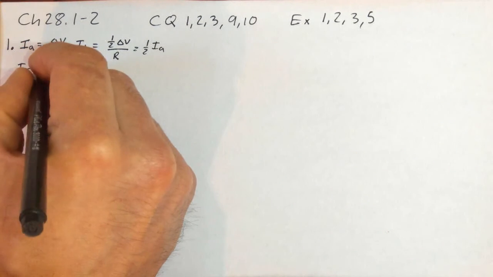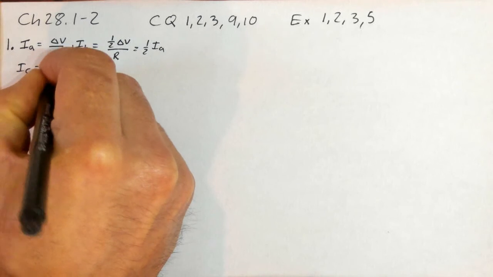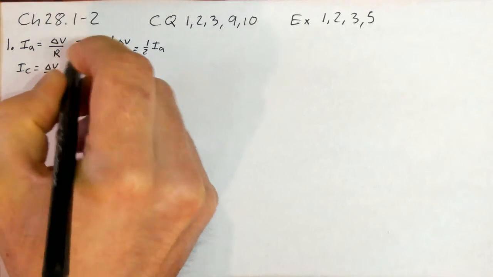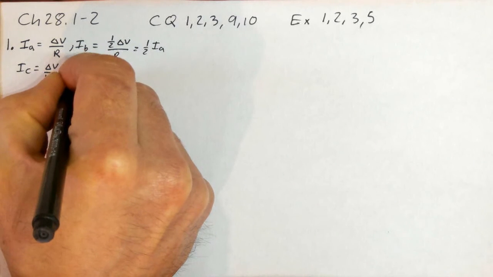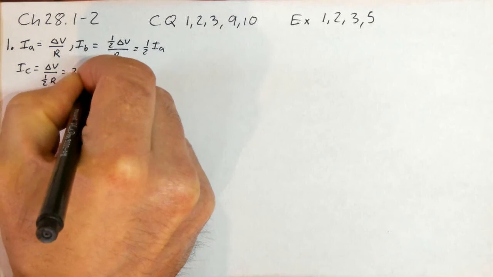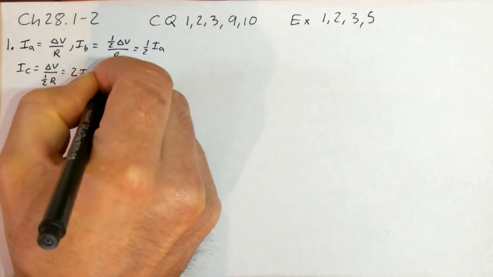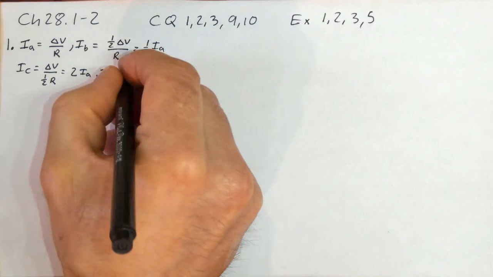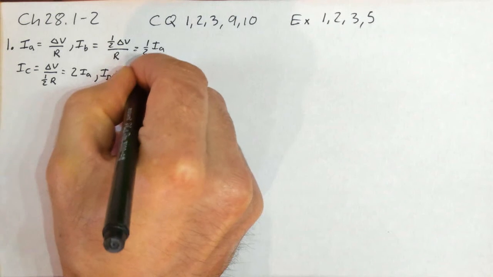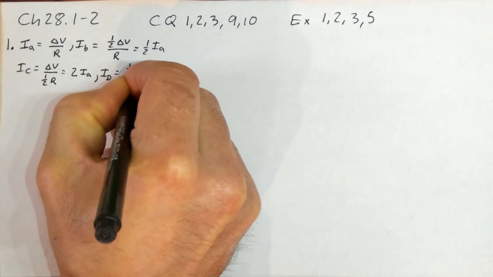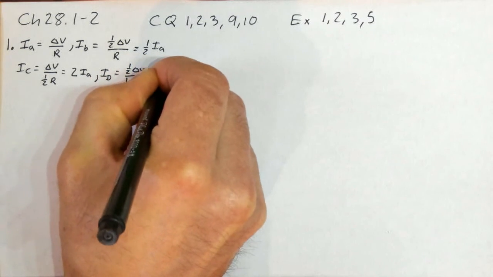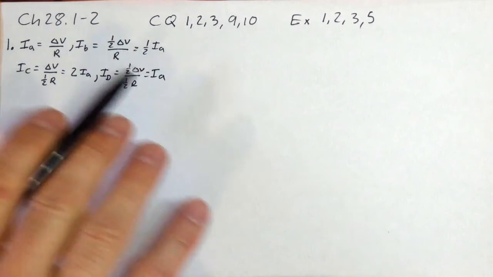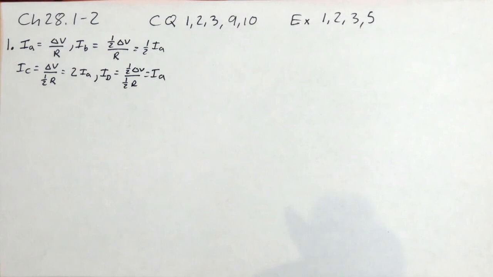Well, C is the same voltage, but it is half the resistance. So that's going to give us twice the current in A. And then ID, well, we've got half the voltage, and we have half the resistance, so that is equal to IA. So again, we applied Ohm's law for these resistors.